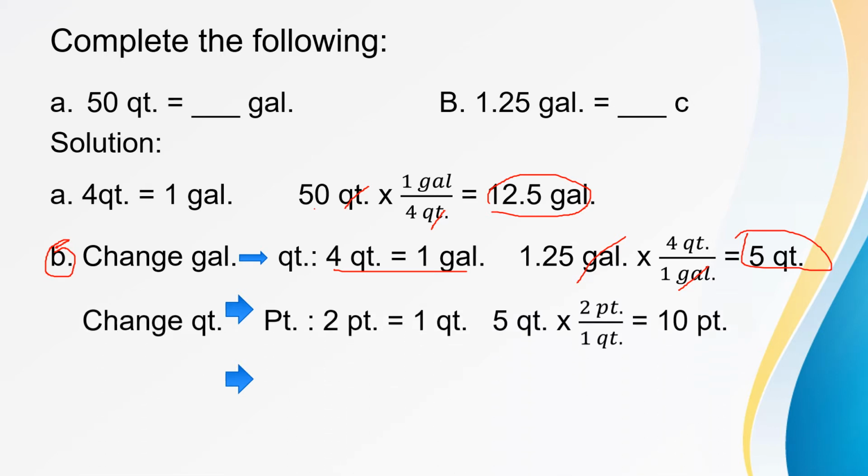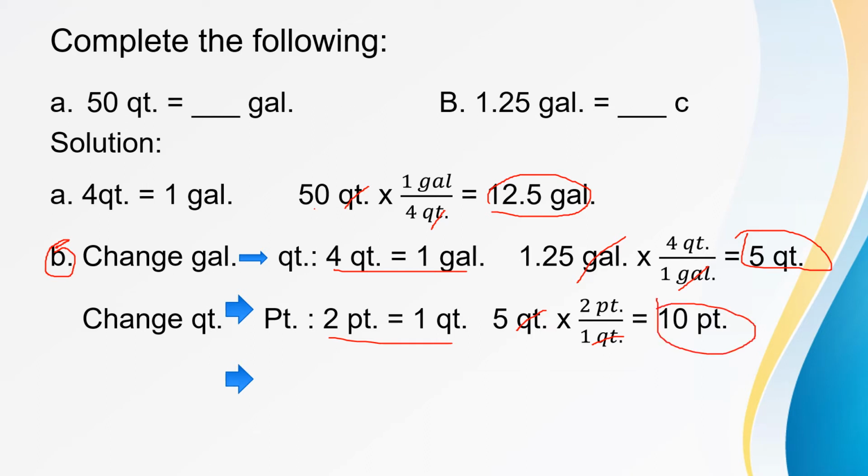Then change quarts to pints. 2 pints equals 1 quart. So 5 quarts times 2 pints over 1 quart. Cancel the units, and 5 times 2 is 10 pints.